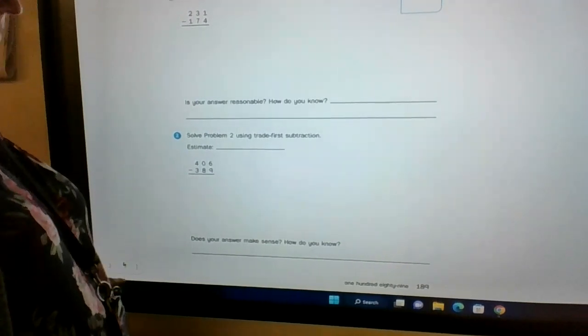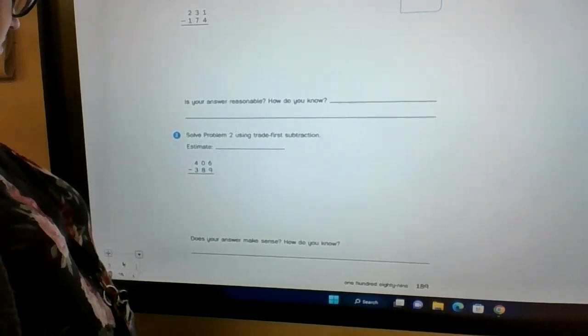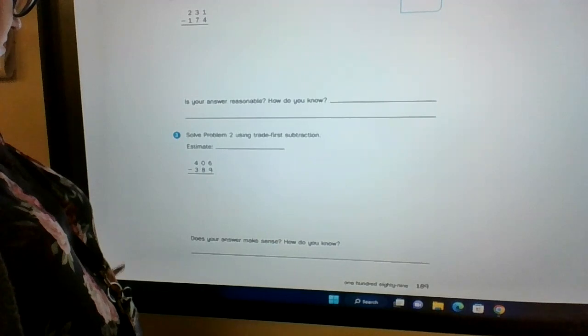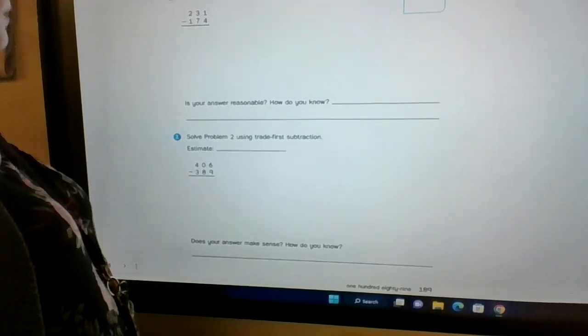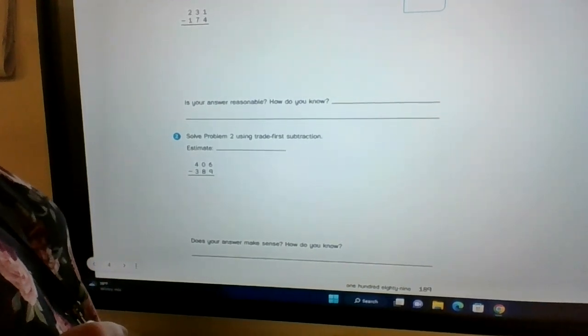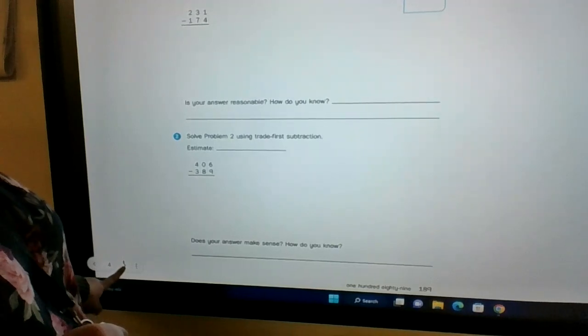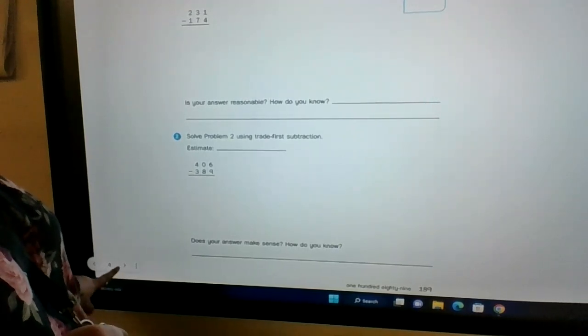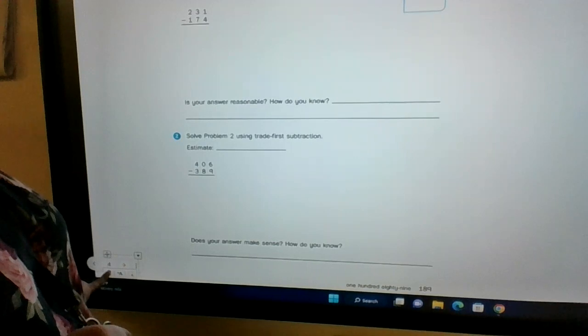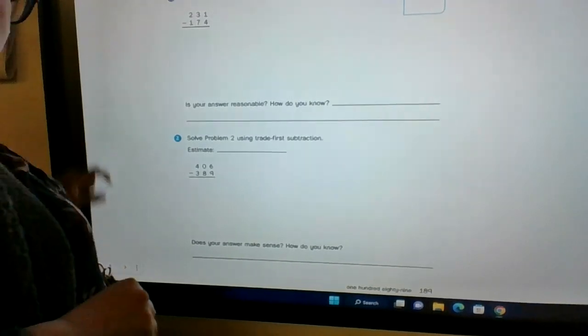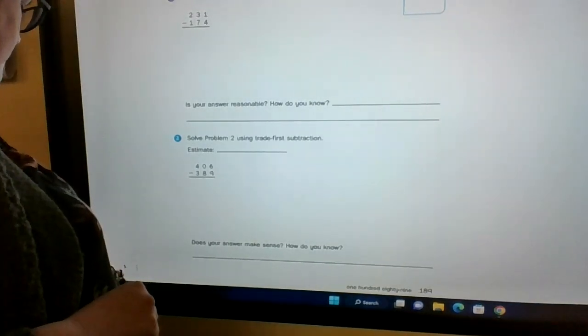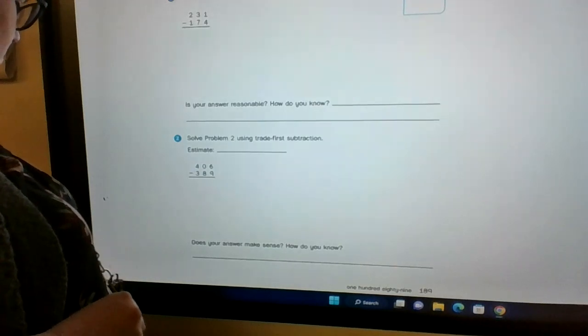All right, I'm going to jump now to, there we go, to 180, not 189. We just did that page. Oh my goodness. I don't know why this is doing this, friends.